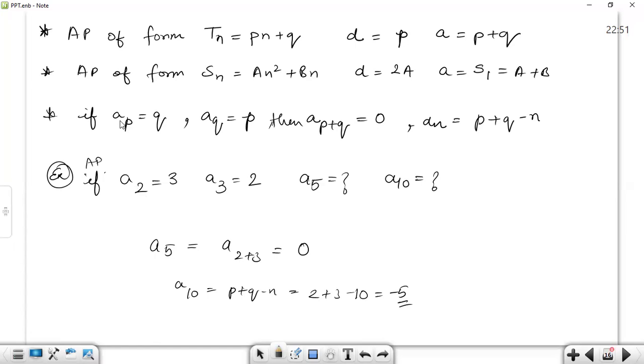In the question given to us, the second term is 3 and the third term is 2. Now, the 2 plus 3th term, that is the fifth term, will be 0. And if we have to find out any other nth term, then we'll simply subtract the n from 2 plus 3. Clear? Yes, sir.